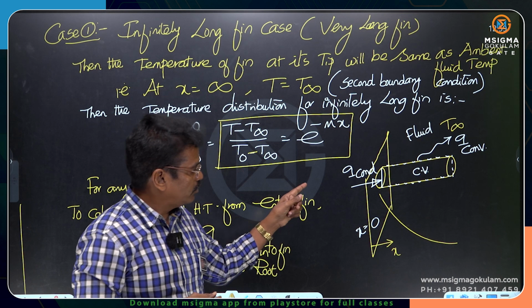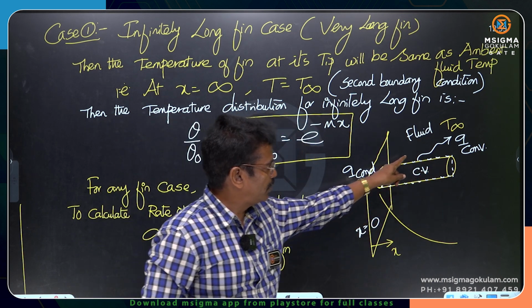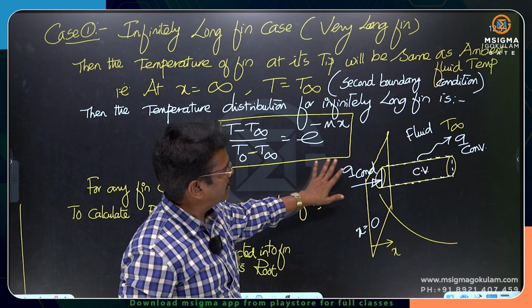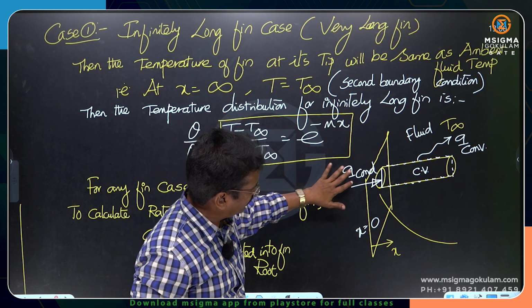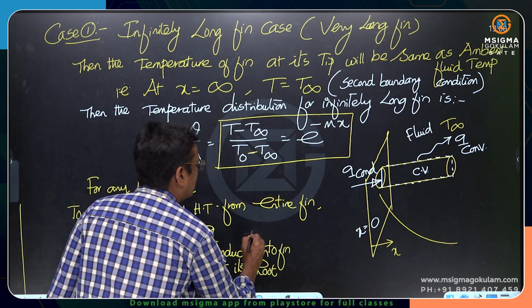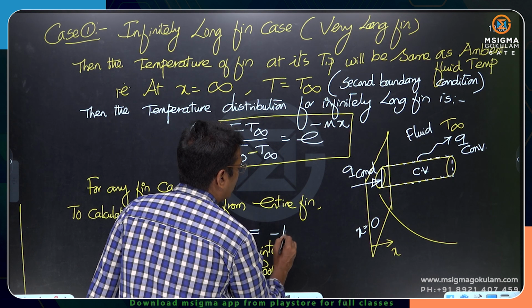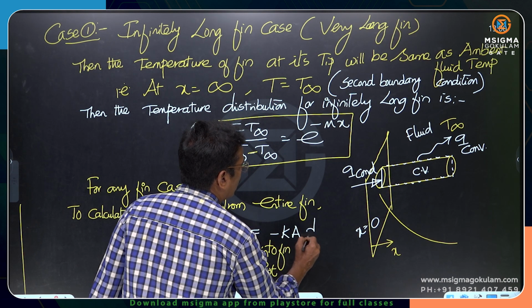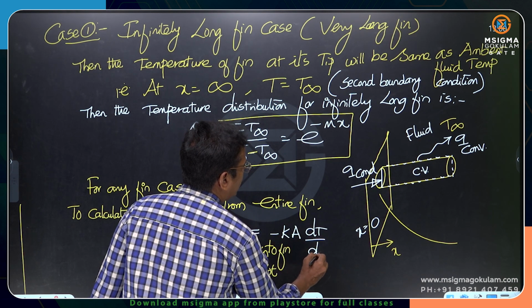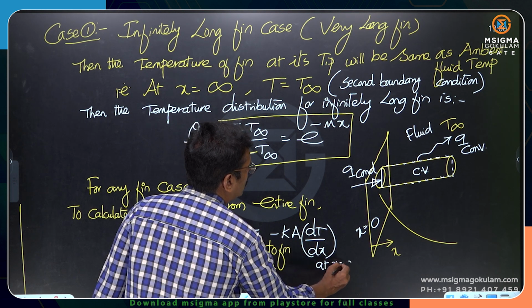If you want to calculate the total heat transfer rate from the entire fin to the fluid, just obtain the heat conducted into the fin at its root. When you talk about conduction, what law comes into the picture? Fourier law: minus kA dT by dx, at x equal to 0.